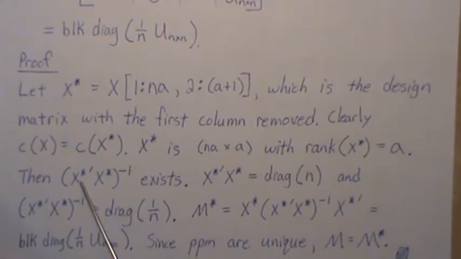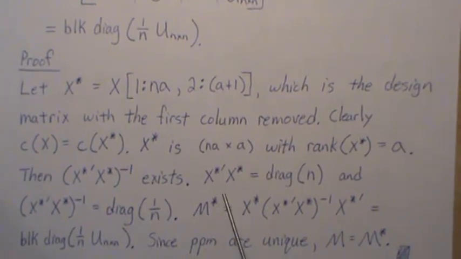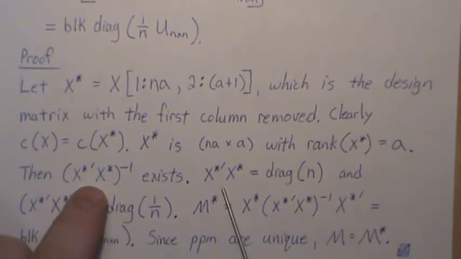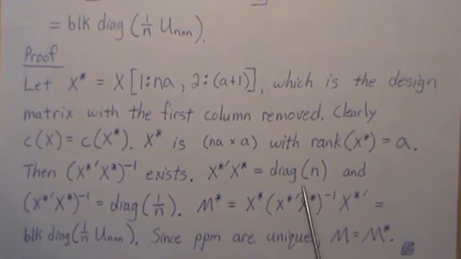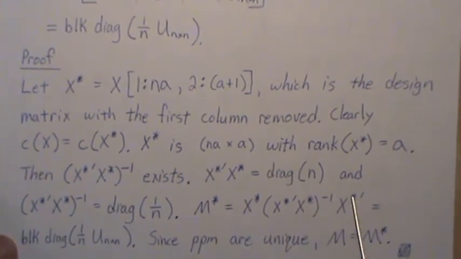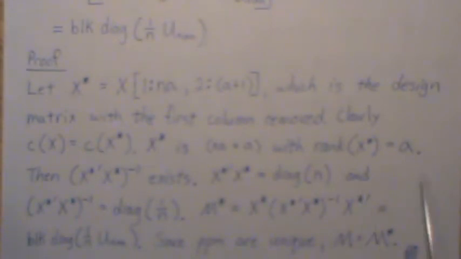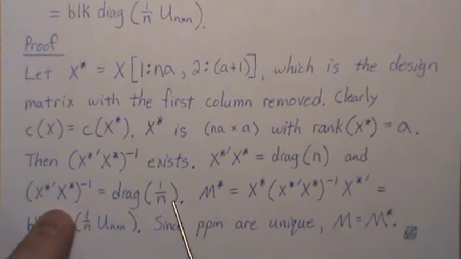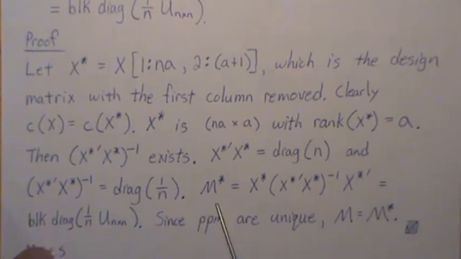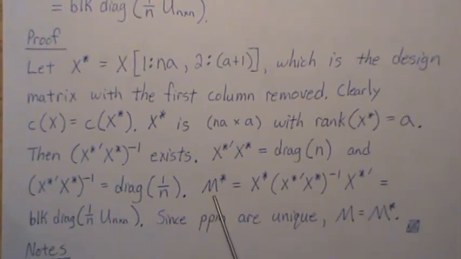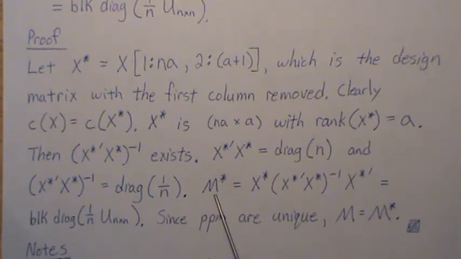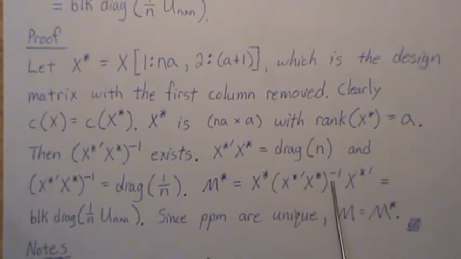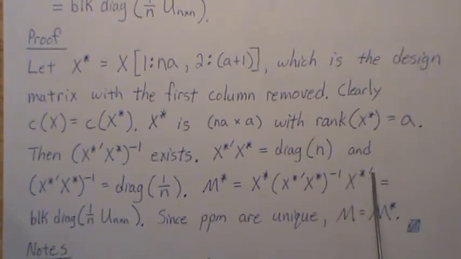And that means X star transpose X star inverse exists. And when you do this multiplication, you get a diagonal matrix of n. And I'm going to let you do that on your own because it's pretty straightforward. And so that means the inverse is diagonal with 1 over n. So the perpendicular projection matrix onto the column space of X star is X star (X star transpose X star) inverse X star transpose.